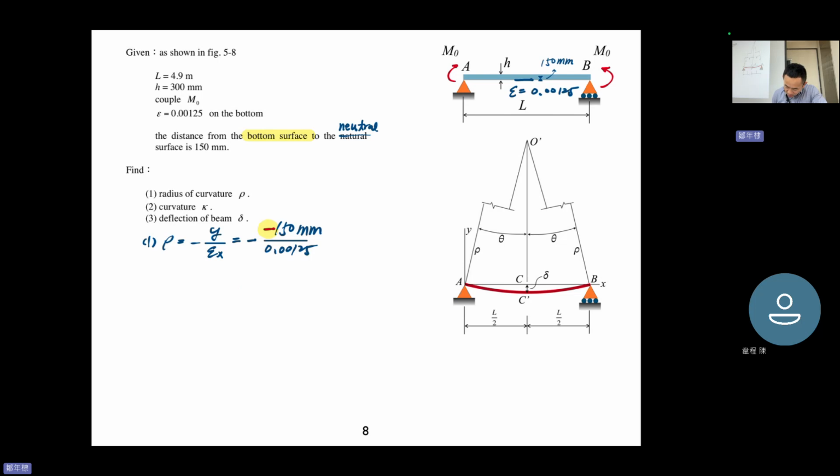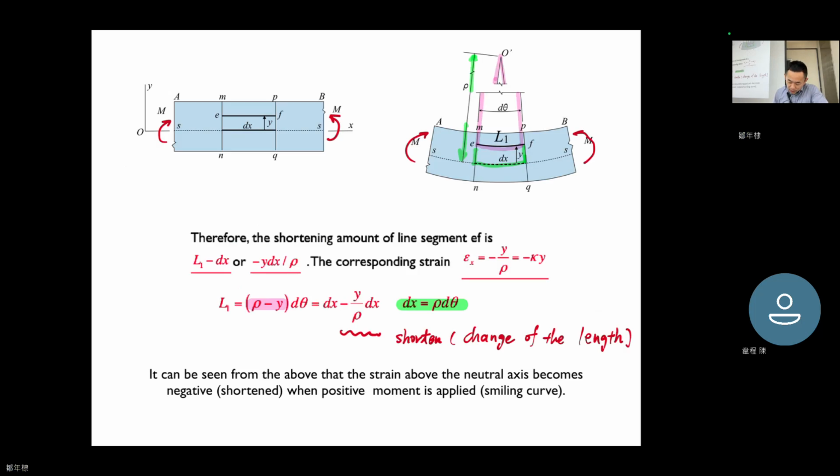Remember that y has a sign. Previously, your y here was positive, right? So your positive y will make epsilon negative, which means that it will be shortening. But if you go below the neutral axis, y becomes negative.